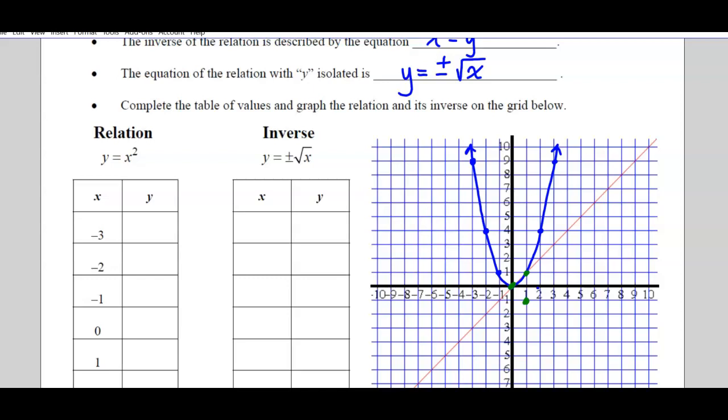A hyperbola is kind of in that shape. It's got two parts, but it's got an x squared and a y squared in the equation. This point here, 2, 4 becomes 4, 2. -2, 4 becomes 4, -2. 3, 9 becomes 9, 3. -3, 9 becomes 9, -3.